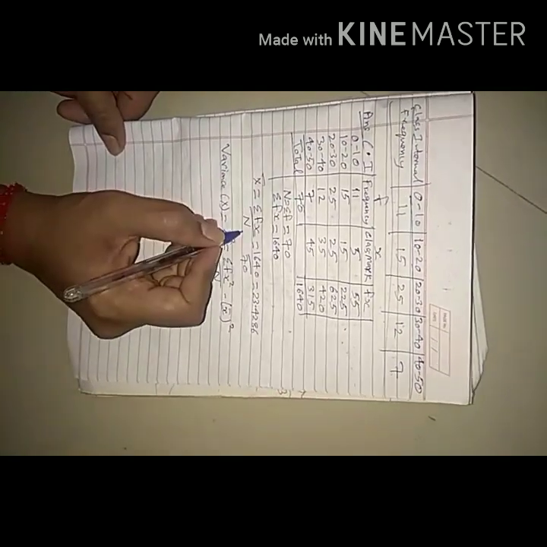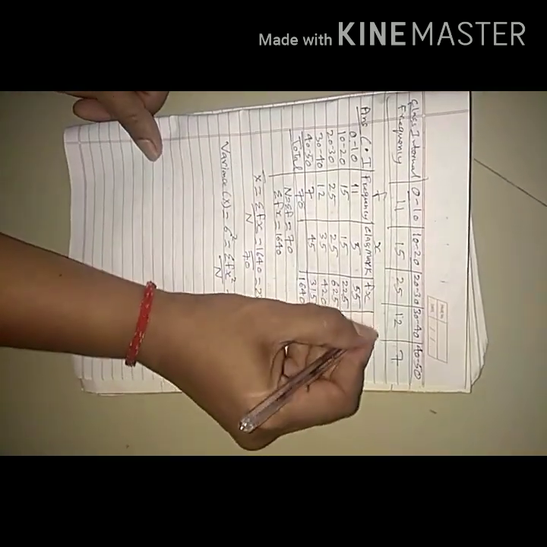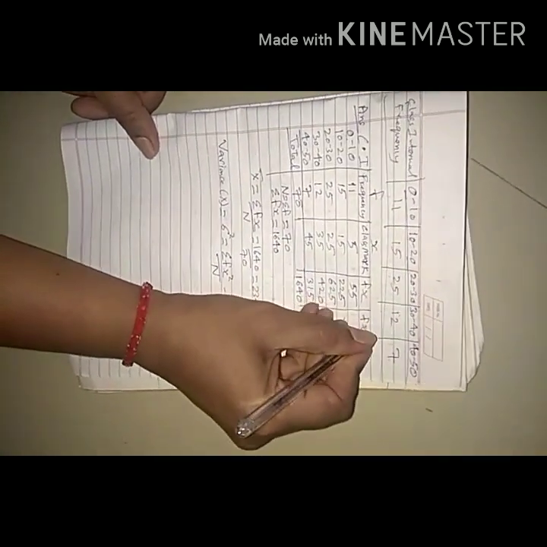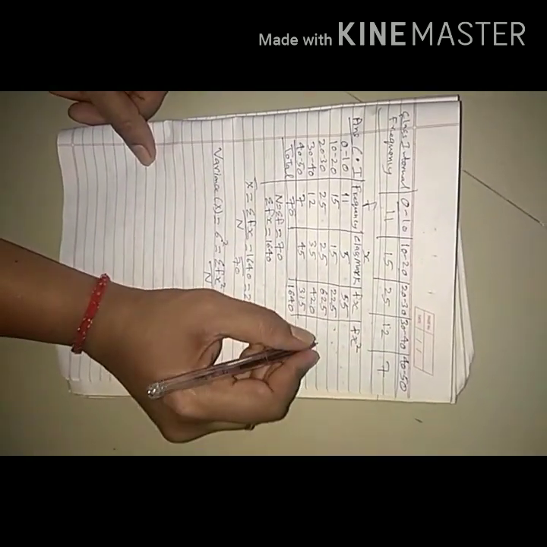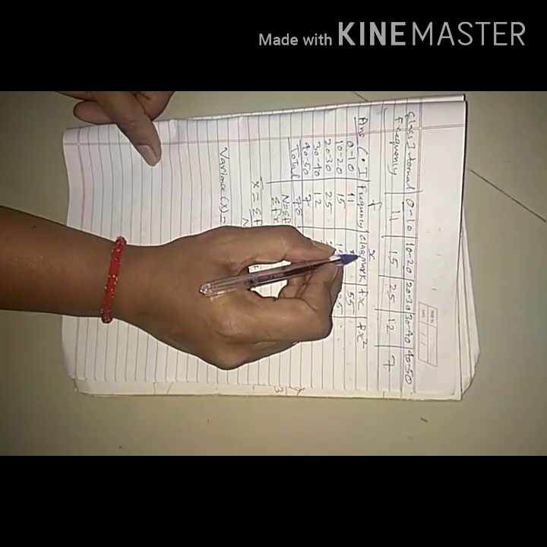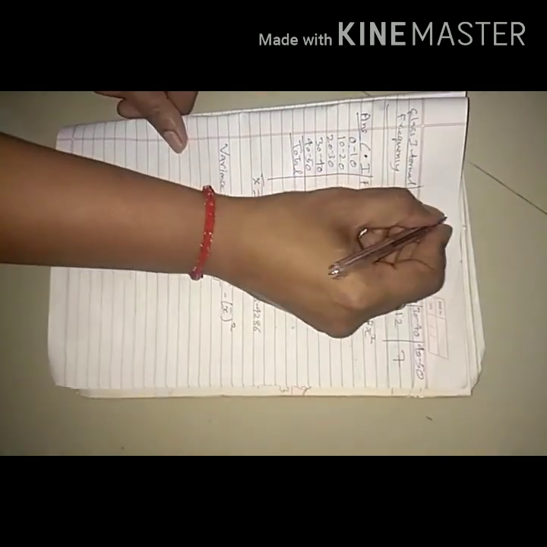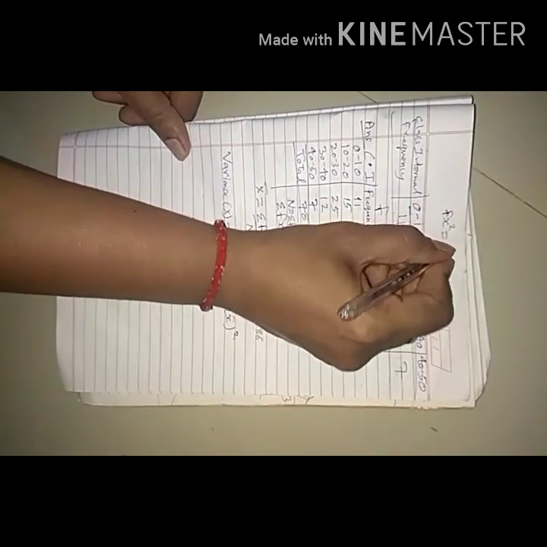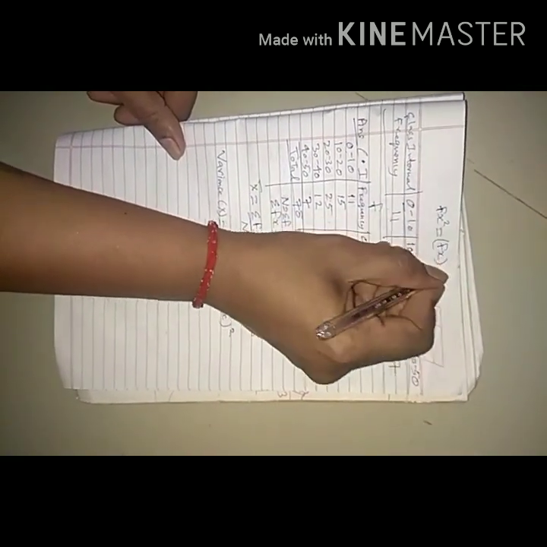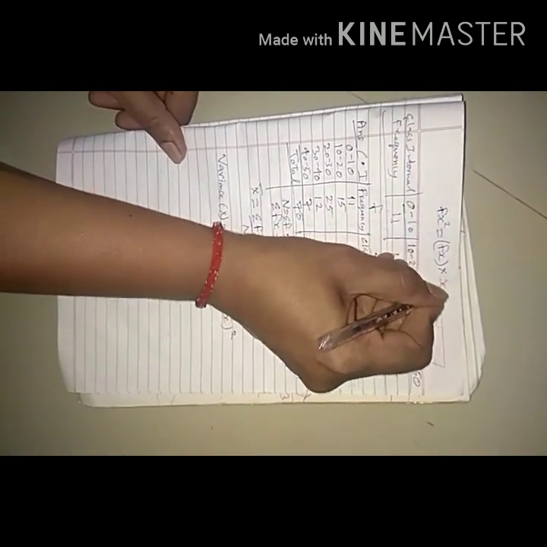So here I need fx square. X bar already I have found here. The next column is fx square. Fx square means product of fx and x. I have already explained that in the previous sum. Fx square is fx into x.